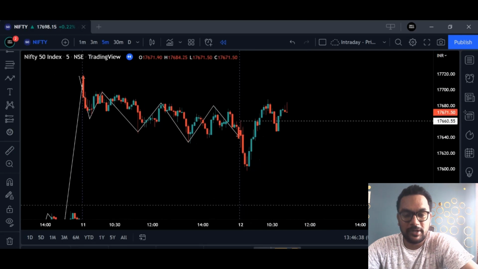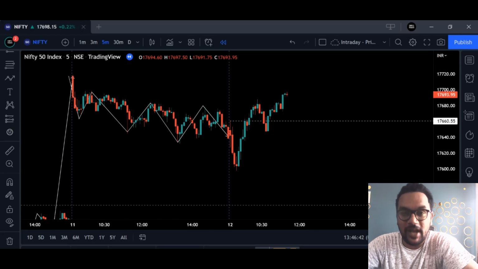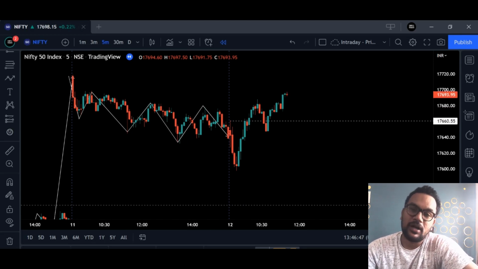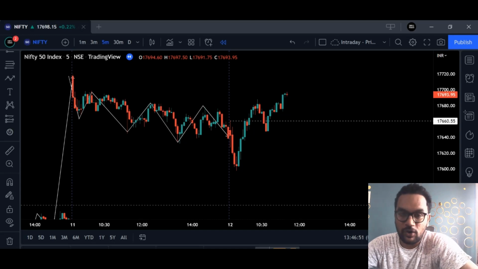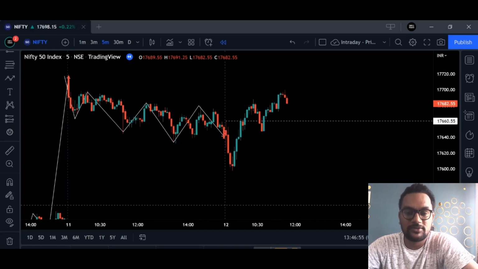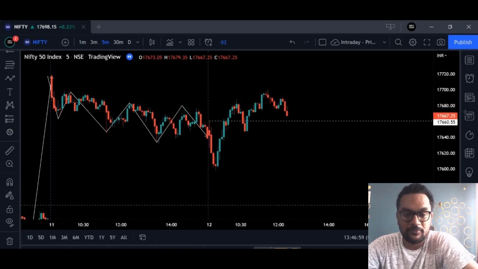Let's see what happened. The price started moving up. I don't say this is a very high momentum trade, but we ignored the wrong entry, isn't it? We ignored the wrong entry and we took the right entry trade, and we expect the price to move up. As expected, price started moving up.